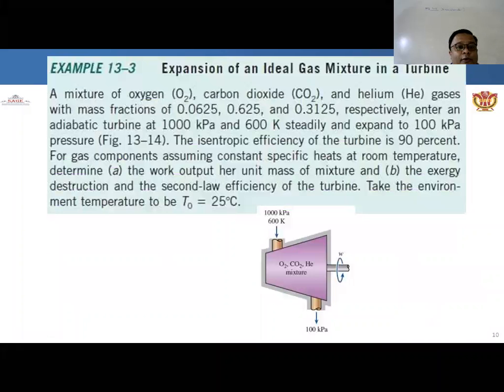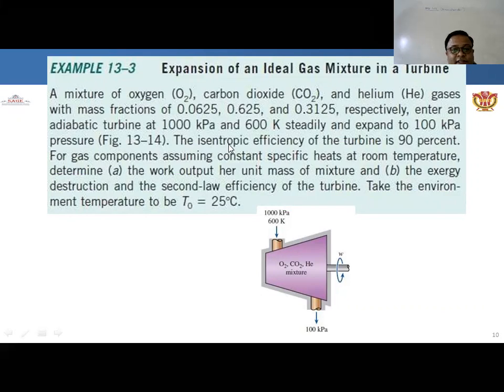This is a numerical problem: expansion of an ideal gas mixture in a turbine. A gas mixture of oxygen, carbon dioxide, and helium, with mass fractions of 0.0625, 0.625, and 0.3125 respectively, enters an adiabatic turbine at 1000 kilopascal and 600 Kelvin steadily and expands to a pressure of 100 kilopascal.